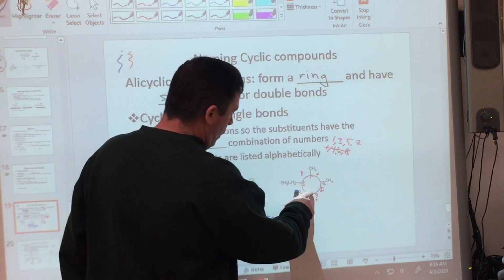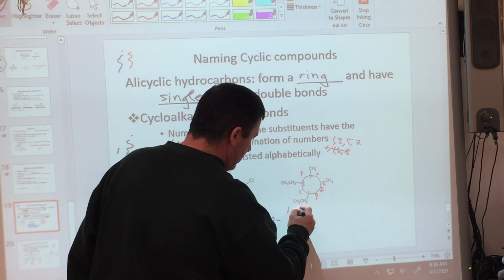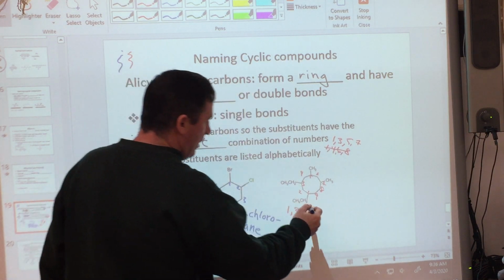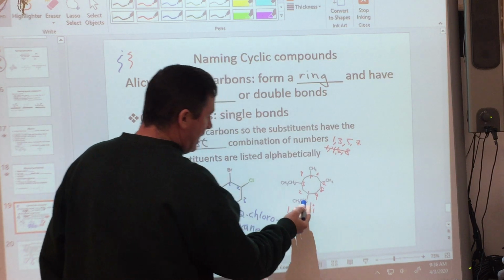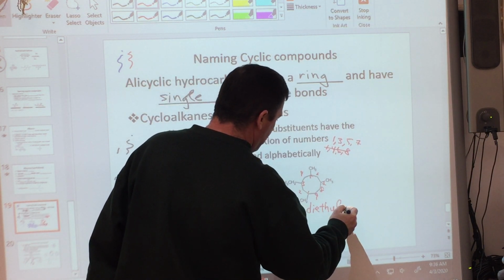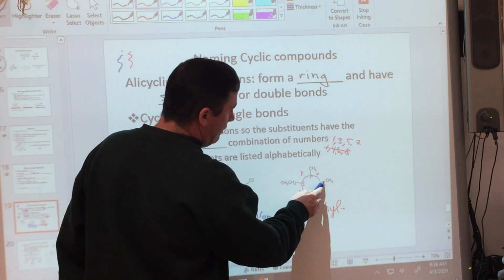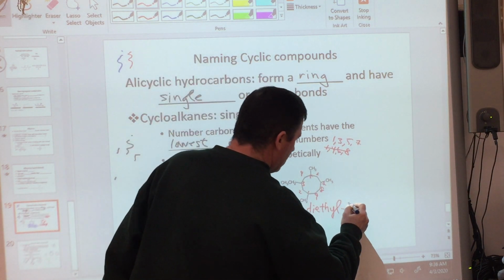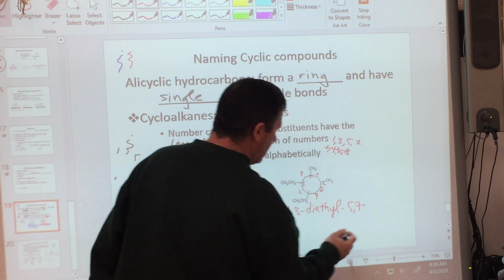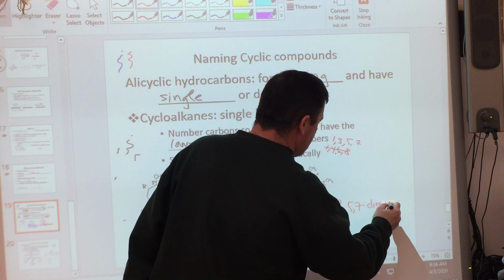All right, so I've got 1, 3. This is going to be dashed as well. 1, 3. There are 2 of them. I use the prefix di. What are they? Ethyl. I've got 5, 7. These are methyls. I've got 2 of them. Dimethyl.